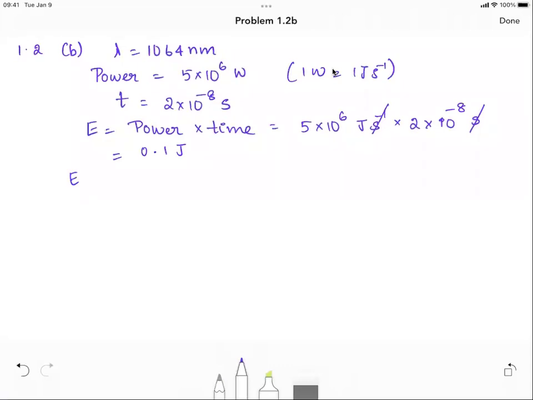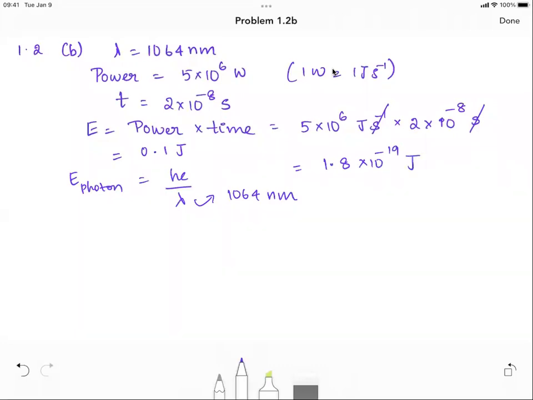So the energy of a single photon is nothing but hc by lambda, where lambda is 1064 nanometer. And we got this energy from part A, which is 1.8 times 10 to the negative 19 joule.